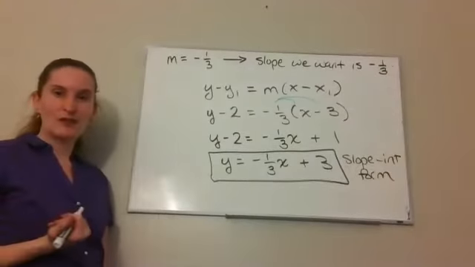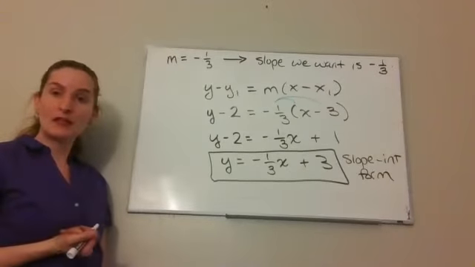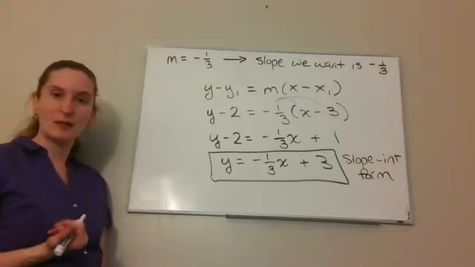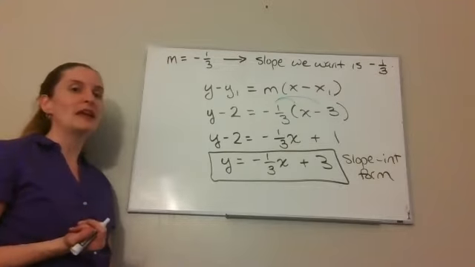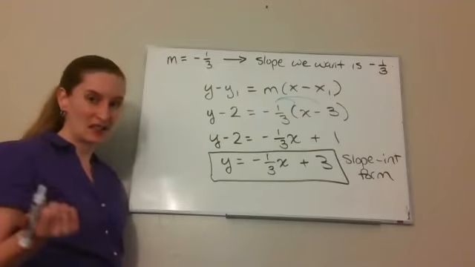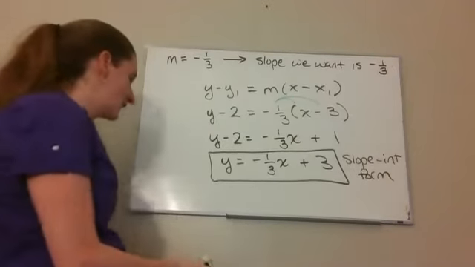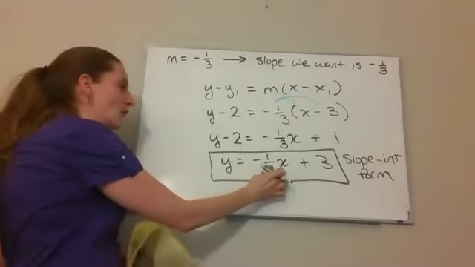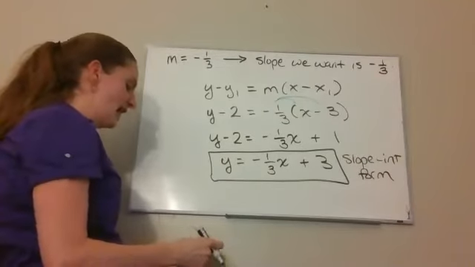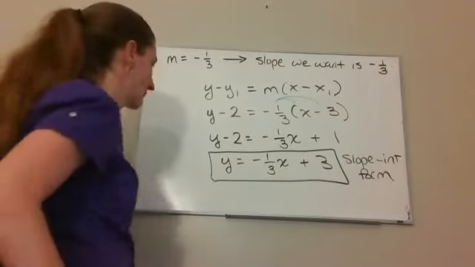Now all that's left is to find the standard form. Remember, the standard form is ax plus by equals c, and we like to have a, b, and c as integers. So to put this into standard form, I need to move the 1/3 x to the other side, and I need to get rid of my fractions.